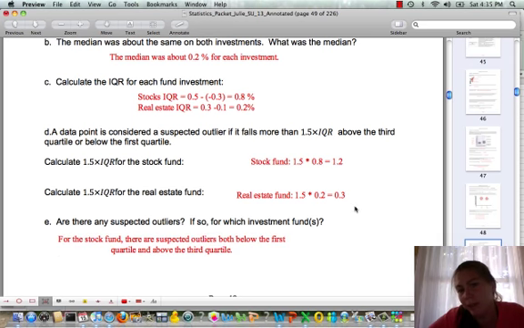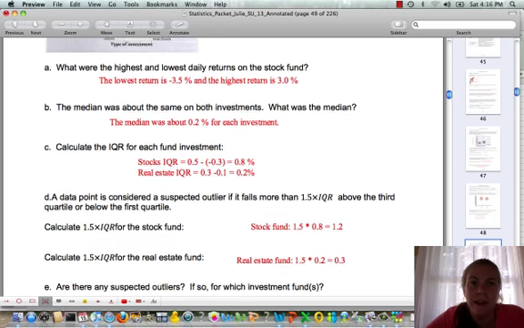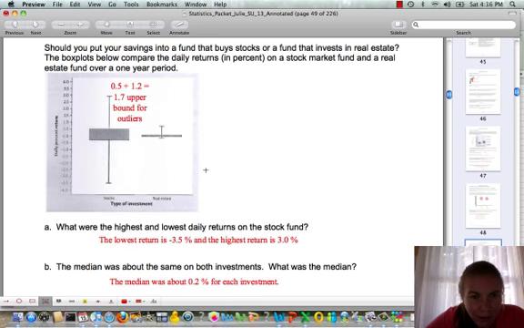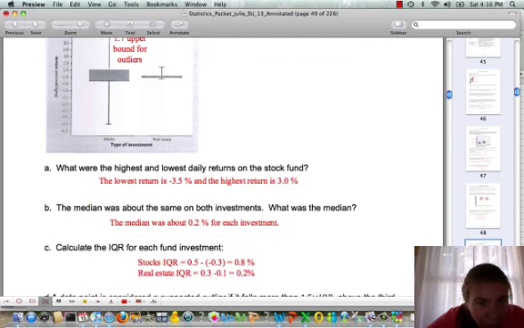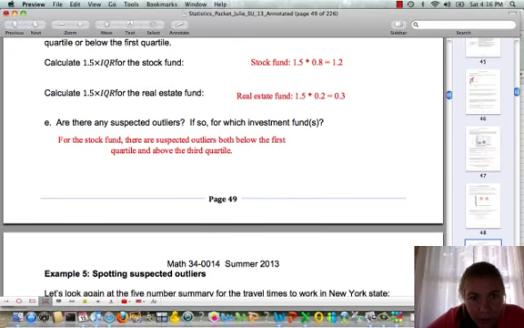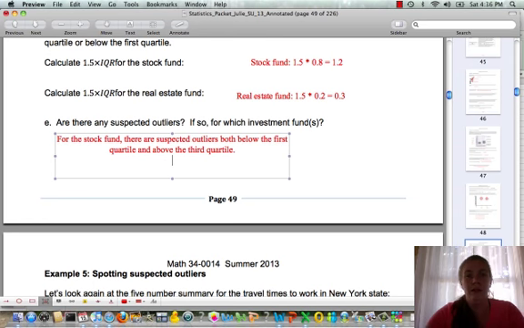Now let's check it out for real estate. Real estate's IQR is 0.3%, and it looks like, we said this was right around 0.2%, it looks like real estate doesn't have any outliers, maybe one upper outlier, it's hard to see. So for real estate, there do not appear to be outliers.